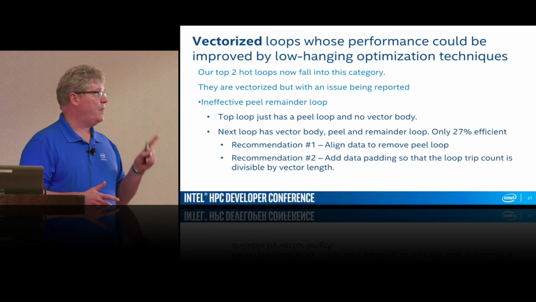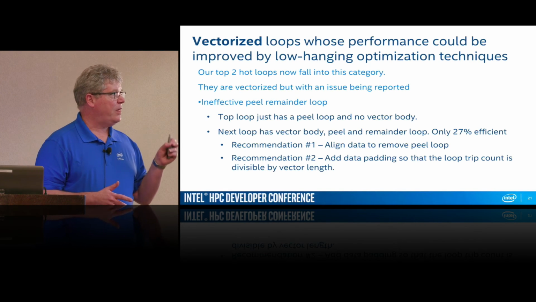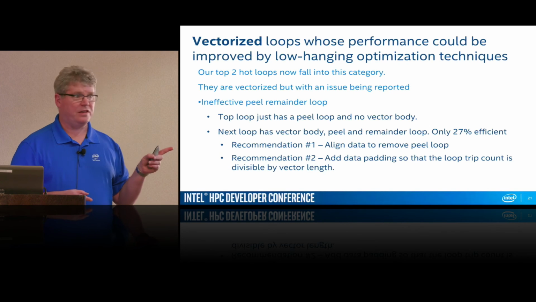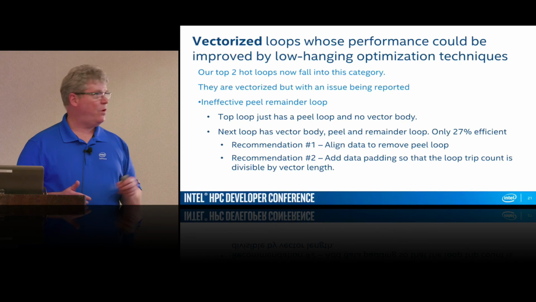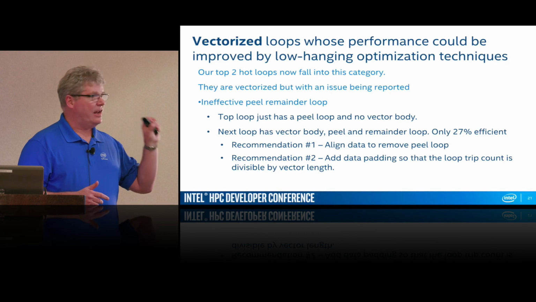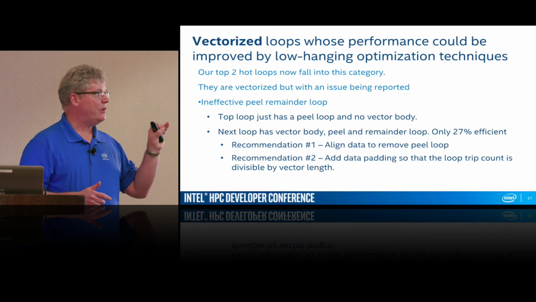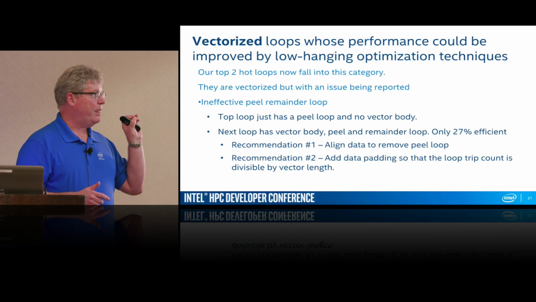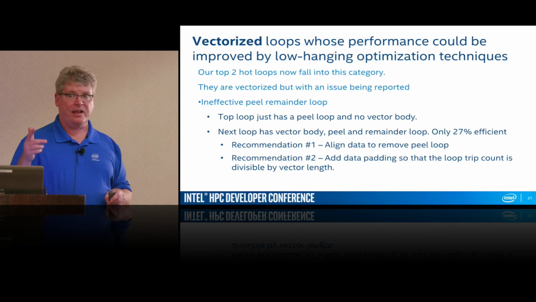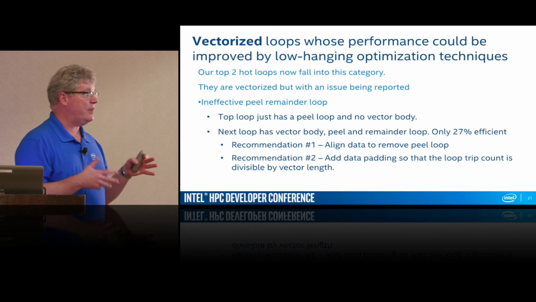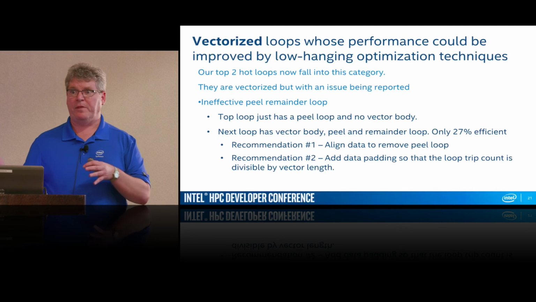The next loop has a vector body, and it has a peel, and it has a remainder, but it's only 27% efficient. So for this case, someone's mentioned alignment before, but aligning the data to remove the peel loop, and the second recommendation is adding padding to your iterations and adding padding to the data structures can basically remove that remainder loop.